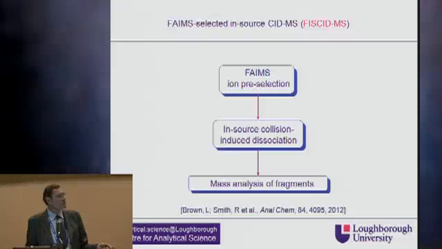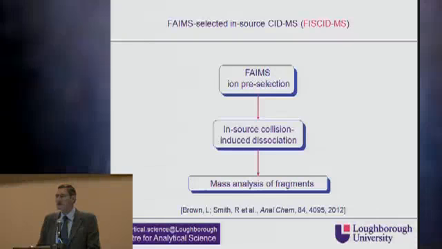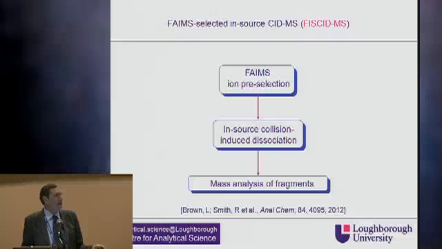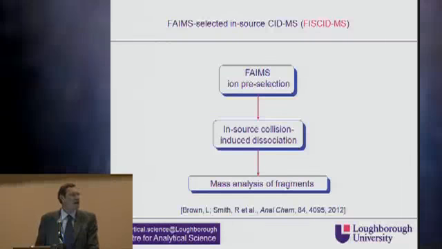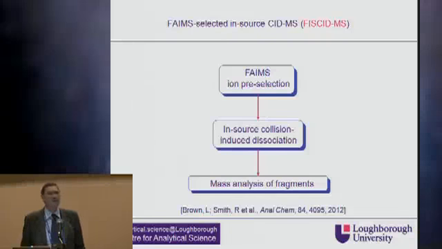But rather than allow them to pass straight into the mass spectrometer to carry out the mass to charge analysis, in all atmospheric pressure mass spectrometer interfaces, it's possible to induce what's sometimes called in-source collision-induced dissociation, which occurs in the intermediate pressure region between the atmospheric pressure ion source and the high vacuum of the mass spectrometer. That's very easy to do in any single-stage mass spectrometer.